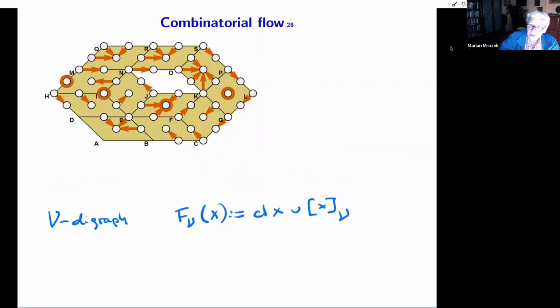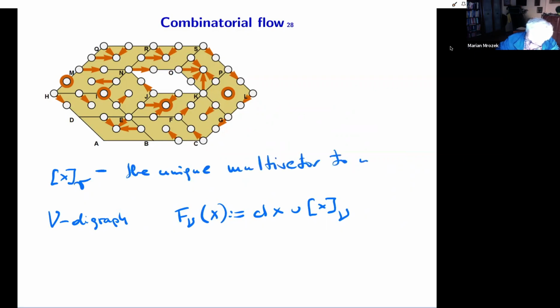If I have a cell X, then since my multivector field is a partition, there is a unique multivector to which X belongs. And now this is my new definition of the V D graph.